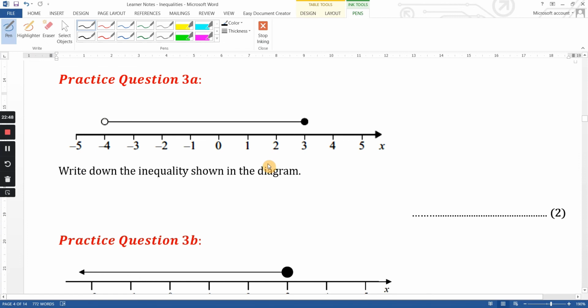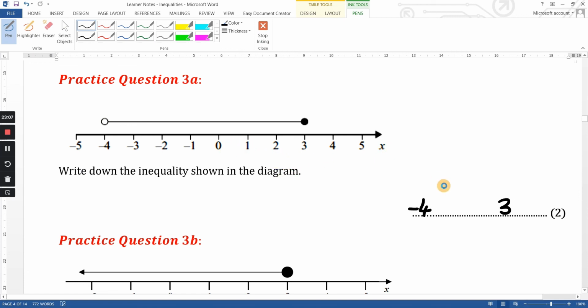Let's go through the answers then, guys. So practice question 3a. Write down the inequality shown in the diagram. So this is a range of values between minus 4 and 3. Definitely, those are my numbers.